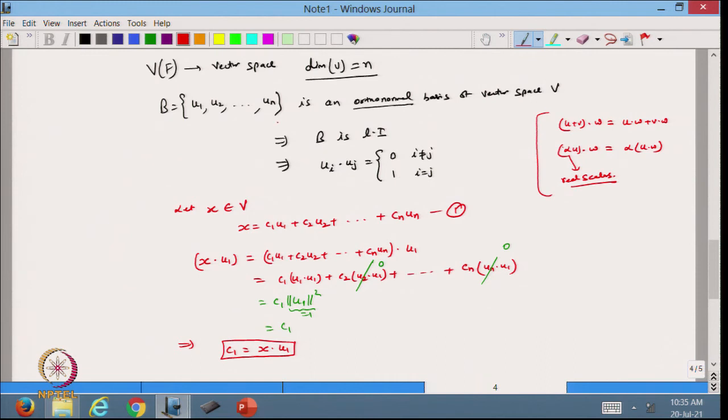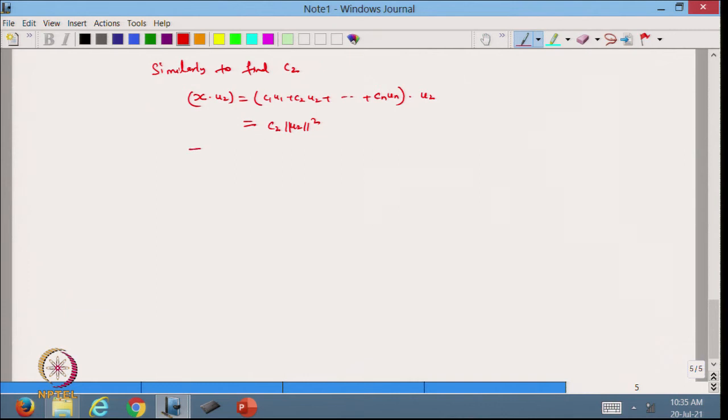So c2 is x dot u2. Similarly, c3 is x dot u3, c4 is x dot u4, and so on. cn is x dot un.